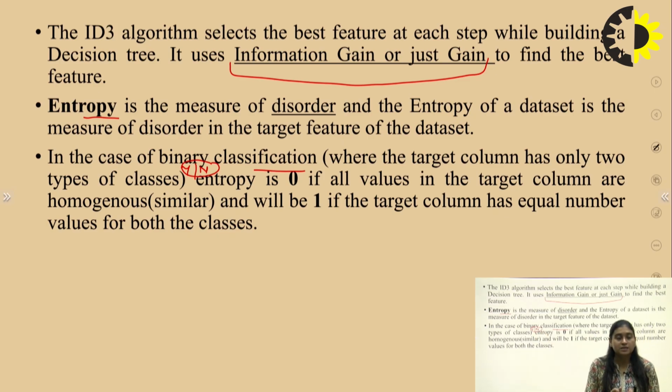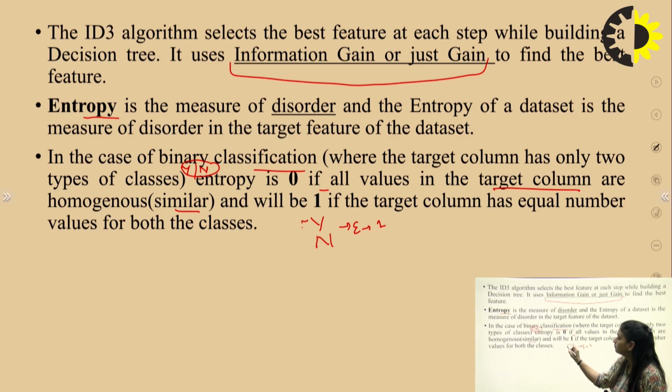In such type of classification, entropy is 0 if all the values in the target column are similar, or we can say homogeneous. So if there is no uncertainty, then it will be 0, and it will be 1 if we have equal numbers of both the values. Like if you have some yes entries and some no entries, then the entropy will be 1.